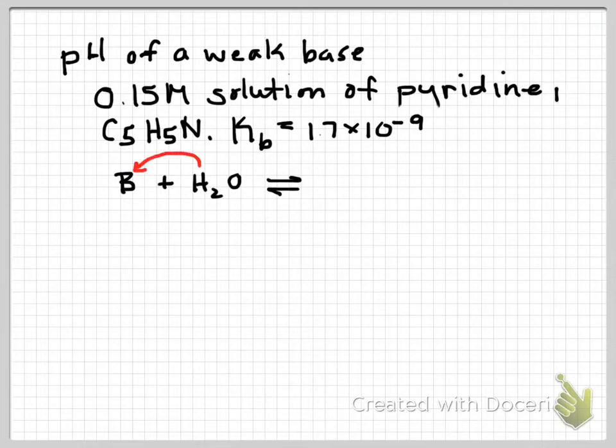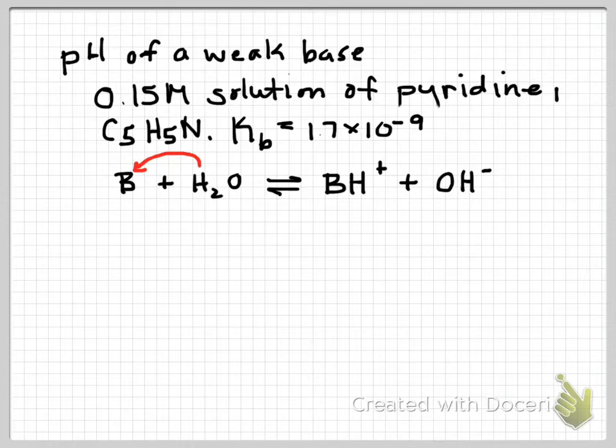So it's going to take a proton from water and become protonated, which is going to leave it with a positive charge if we start out with a positively or a neutral charged compound. And then we're going to be left with the hydroxide ion.